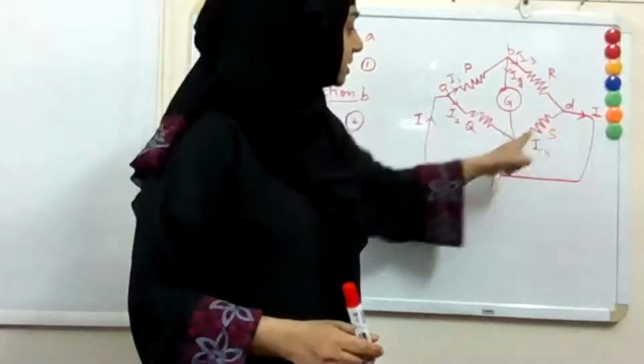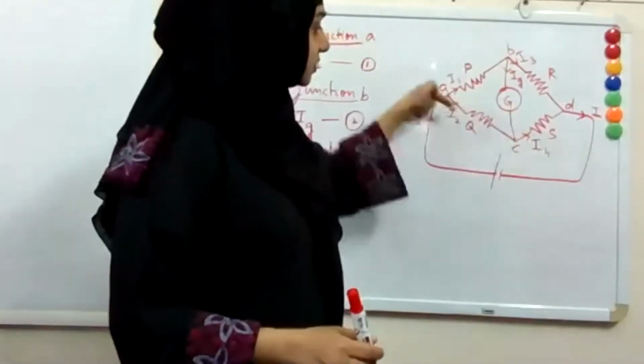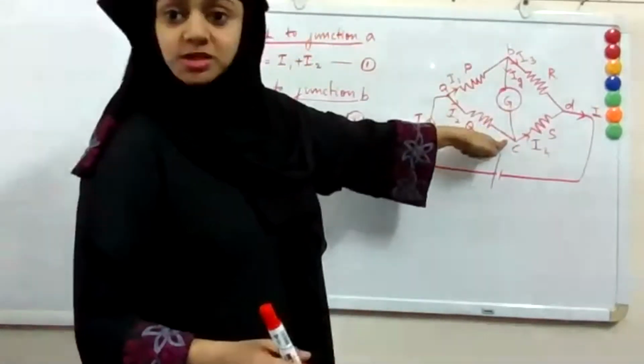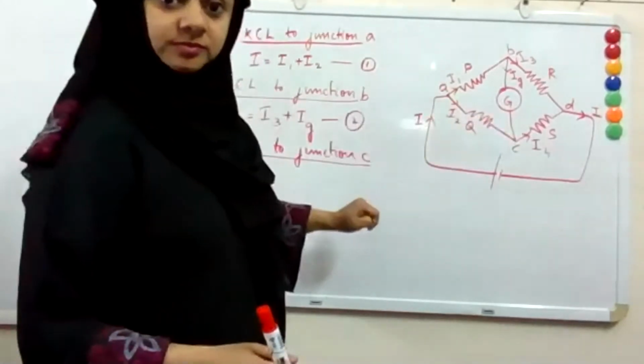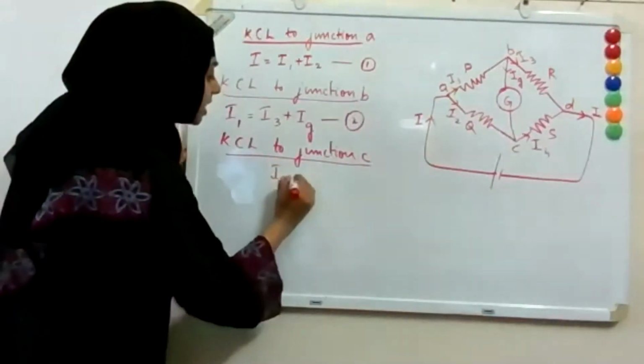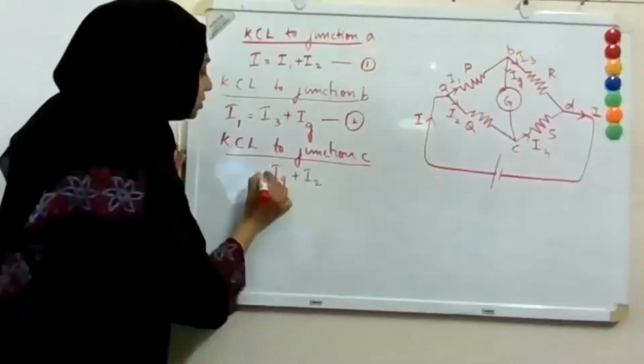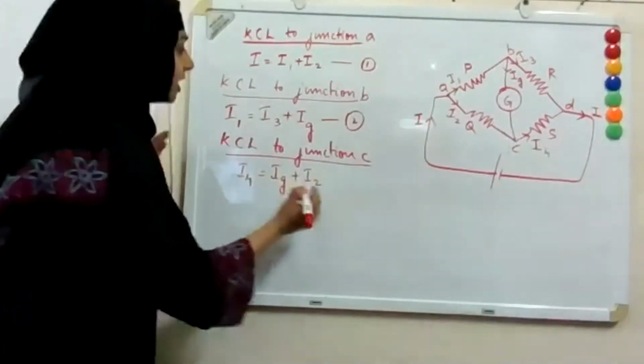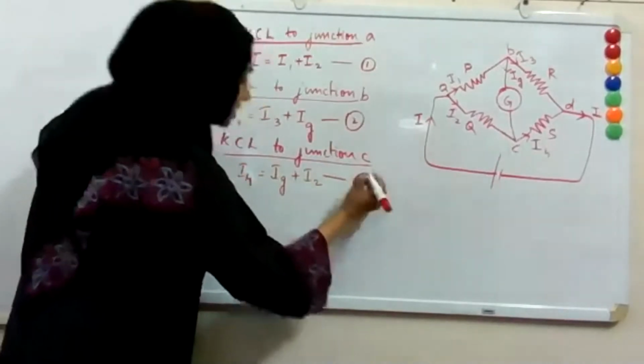So IG plus I2 is equal to I4. So we have got these three equations.